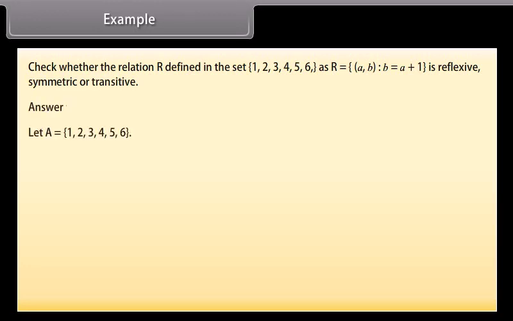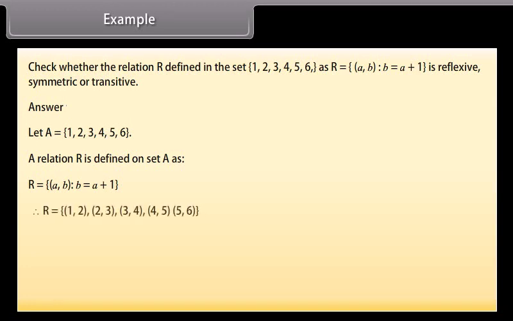Let A = {1, 2, 3, 4, 5, 6}. A relation R is defined on the set A as R = {(a, b) such that b = a + 1}. Therefore, R = {(1, 2), (2, 3), (3, 4), (4, 5), (5, 6)}.